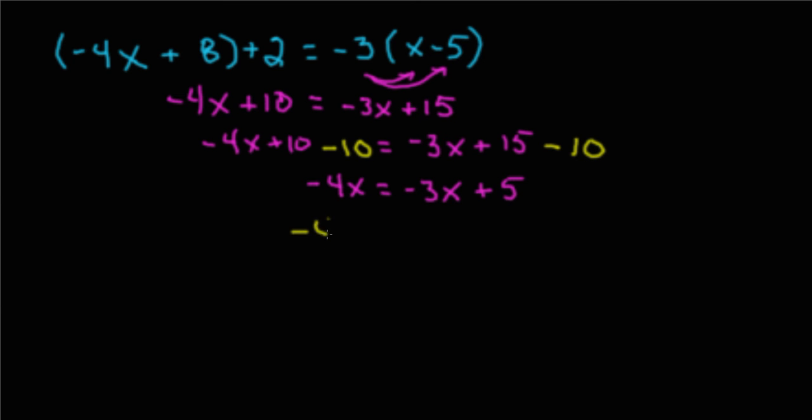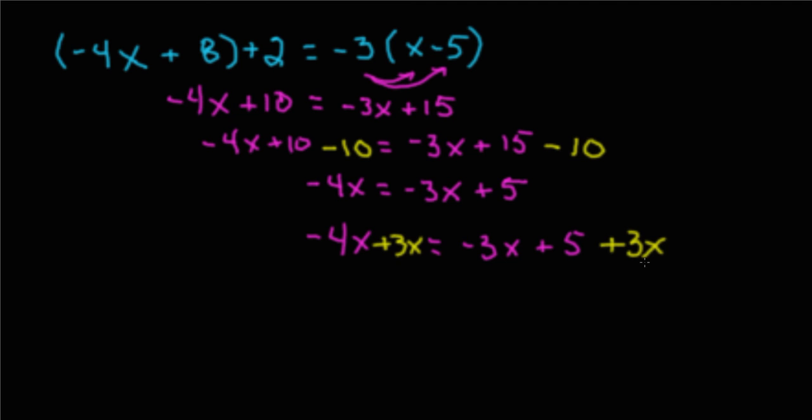So if we have negative 4x equals negative 3x plus 5, if we add a positive 3x to this side of the equation, we can add a positive 3x to the other side of the equation, and we haven't changed our overall statement at all, we've just rewritten it a different way.